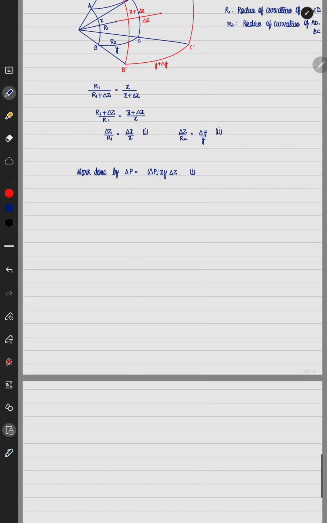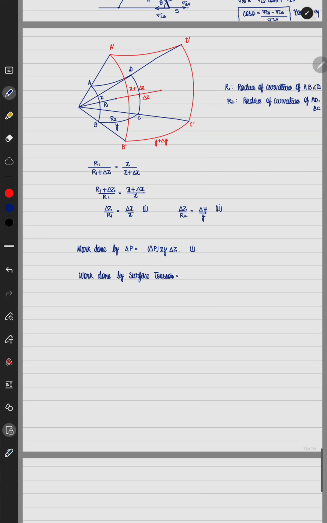What is the work done by surface tension? Work done by surface tension is the difference in energy associated with A prime, B prime, C prime, D prime, and ABCD. The larger area has some energy associated with it, and the smaller area will have some energy associated with it. So the difference is given by the total amount of work done.